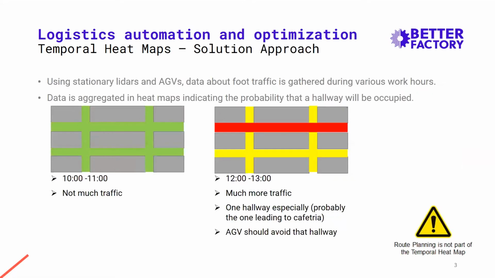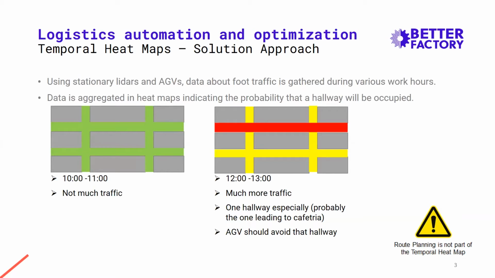And what we wanted to do is, we said that it makes sense, before starting such AGV projects for logistics, to first elicit the data about the foot traffic inside the factory. So we need to gather that data.